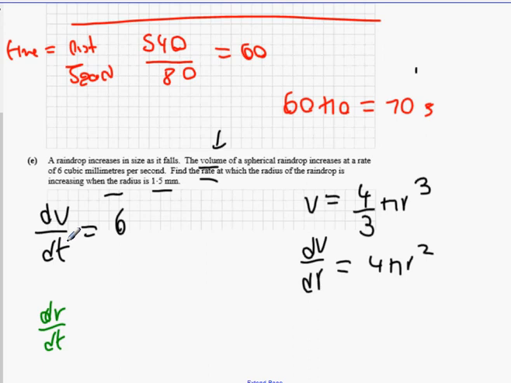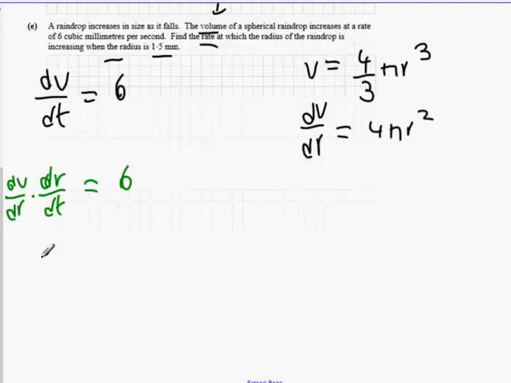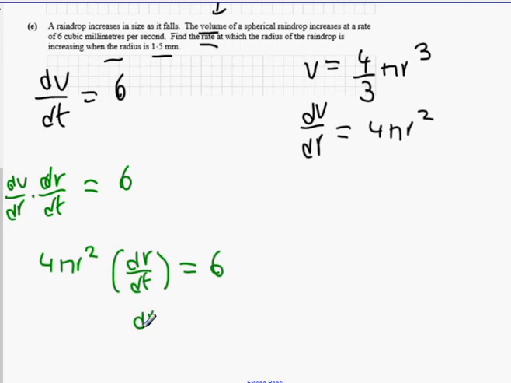Now what we can do with the dV/dt is change it into dV/dr times dr/dt using the chain rule, and that has to equal 6. What do we say the dV/dr is again? 4 pi r squared multiplied by dr/dt, which is the whole point of the question, equals 6. dr/dt ends up to be 6 over 4 pi r squared for any value of r.